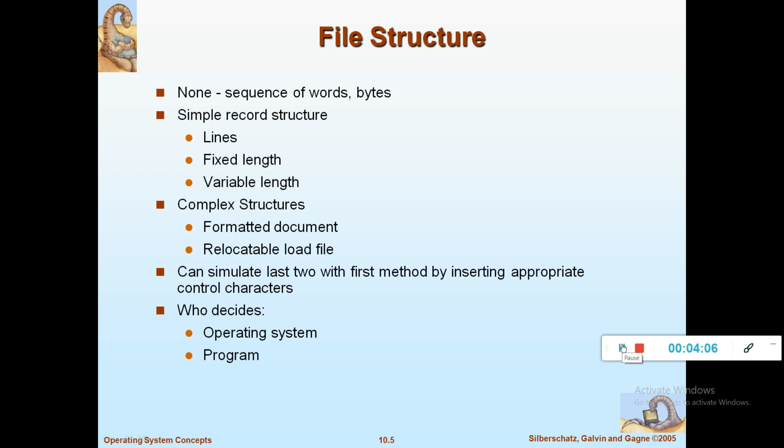Who decides the structure of the files here? The structure of the files is going to be decided by the operating system or the program that is going to be used in the computer system.